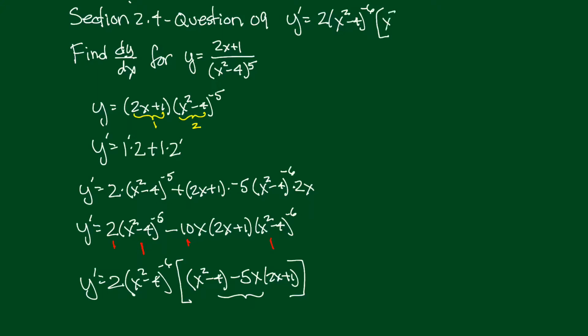We've got an x squared minus 4, and then multiply through negative 10x squared and minus 5x. So this gives us y prime is 2 x squared minus 4 to the negative 6, and then we have x squared minus 10x squared is negative 9x squared, and then what? Minus 5x and a minus 4.